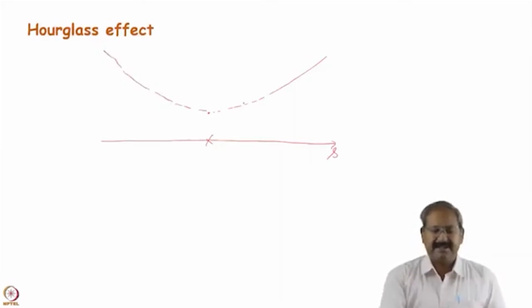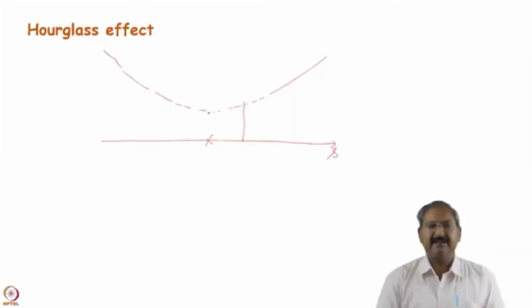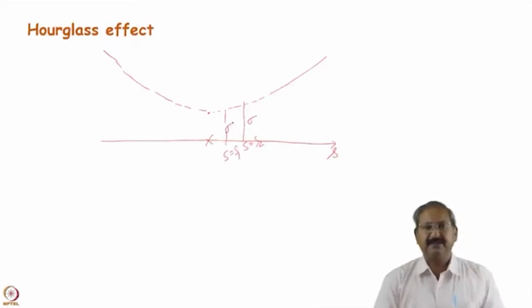It means sigma at this location S is equal to S2, or sigma at this location S is equal to S1, are different. Means sigma, or beam size, in a collider is actually a function of S, and we have not taken that. We have taken a constant sigma throughout S. So in fact sigma changes with S, and again this reduces the overlap integral.